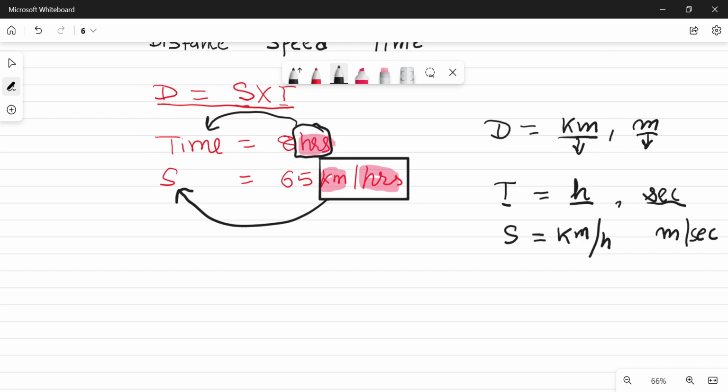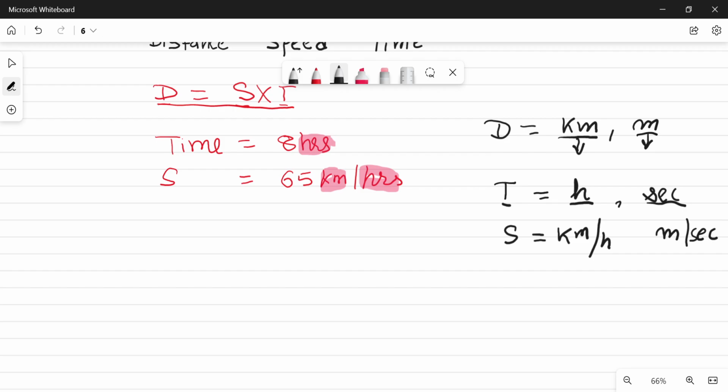If we know which things are given, then we can find the third one. So here, to find distance, we will multiply speed with time, and the units are kilometer per hour into hours. Okay, these are the units.